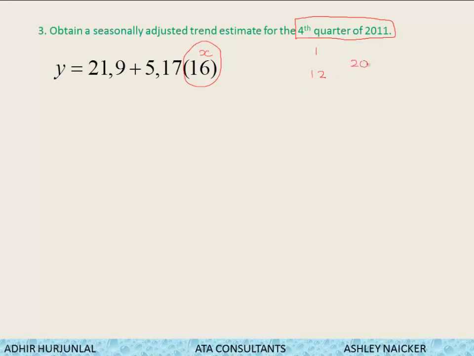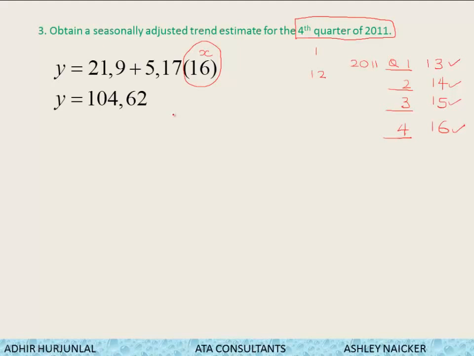Your 2011 quarter 1 is going to be number 13. Quarter 2 is going to be number 14. Quarter 3 is going to be number 15. And quarter 4 is going to be x code 16. So dependent on which quarter they ask you, you are going to substitute the correct x code in order to generate the value for y.